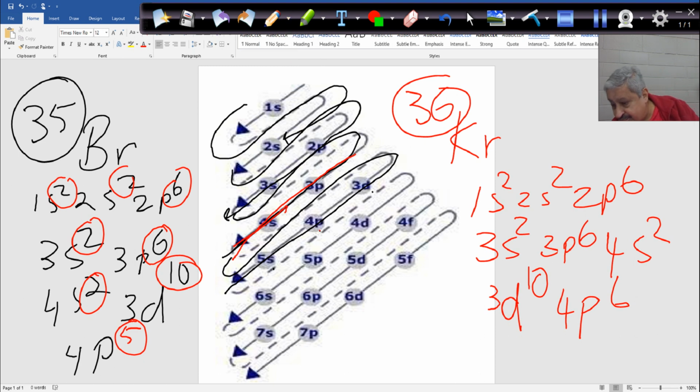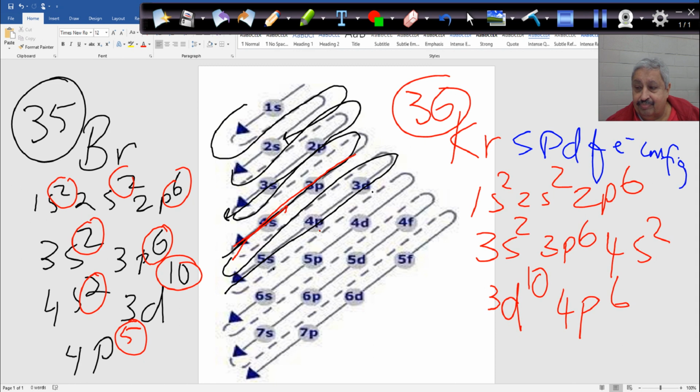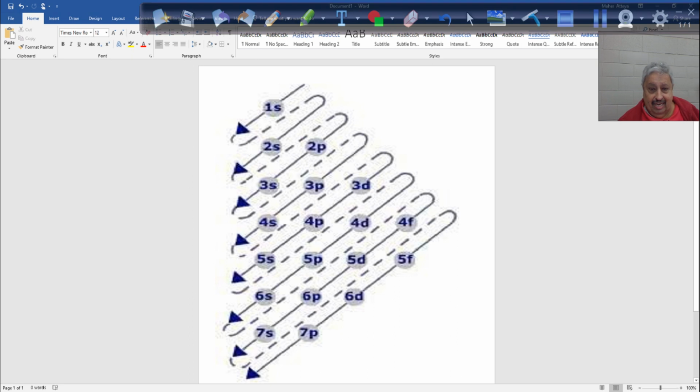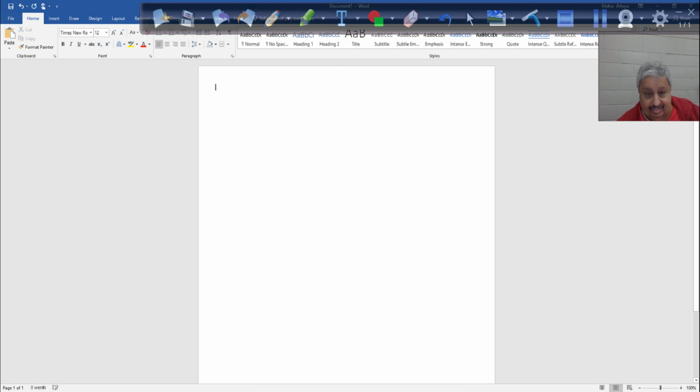We call this one here SPDF electron configuration. Now, can I take this one out? Okay, I'm taking this one out and then see what other types of electron configuration I have. I'm taking this one here out as well, so no need for it now.